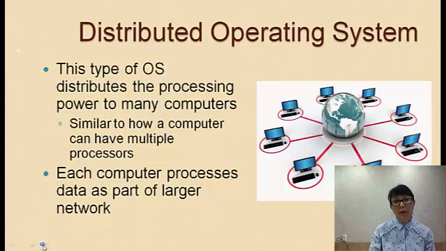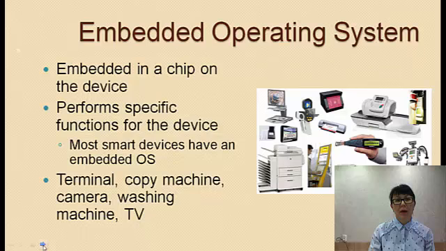Distributed operating system. This type of operating system distributes the processing power to many computers. Each computer processes data as part of a larger network. Embedded operating systems are embedded in a chip on the device and perform specific functions for the device: terminal, copy machine, camera, washing machine, TV, and so on.